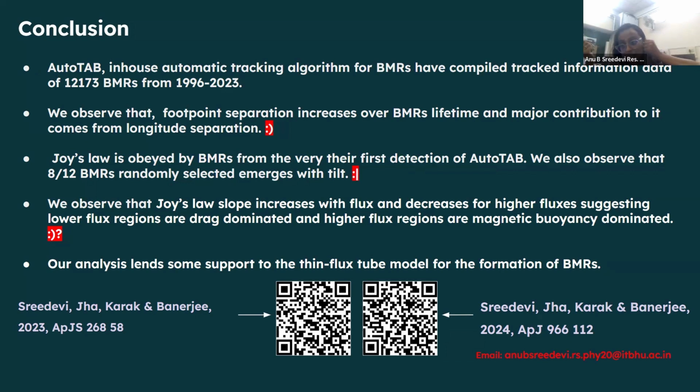In that case, in your statistics, the weightage will be given to a long-living BMR. But in our analysis, we have given a representative value for every tracked BMR, which means I am considering all BMRs in the same way, whether big, small, or of different fluxes. So in my analysis, weightage doesn't play a role, but in the other literature one has to keep that in mind.